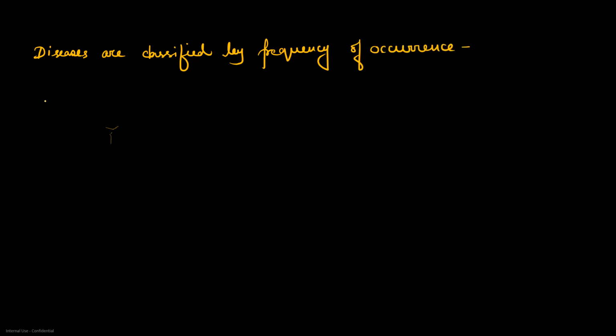Okay, how is it happening? See, first is sporadic. What is sporadic? It occurs occasionally. It's not occurring every time. Okay, sporadic disease occurs occasionally.